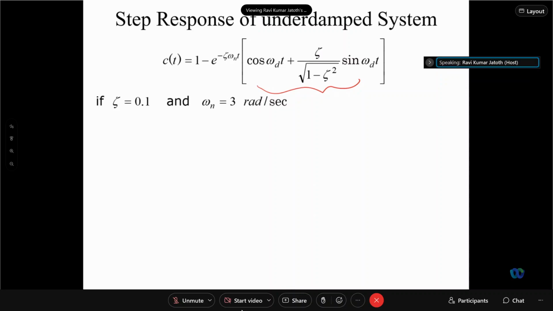What is zeta? Can I write zeta as cos theta? Yes, sir. And under root 1 minus zeta square.